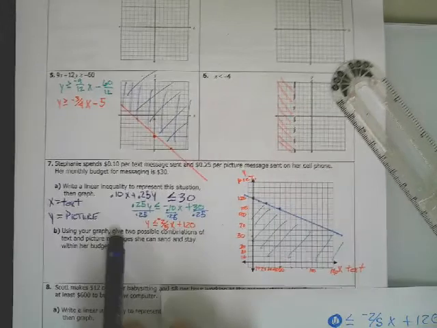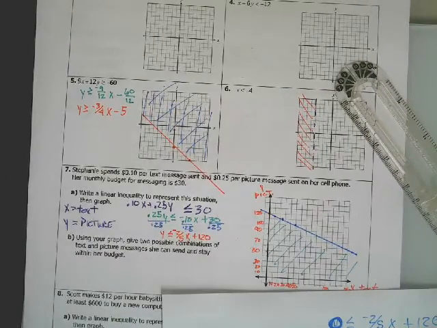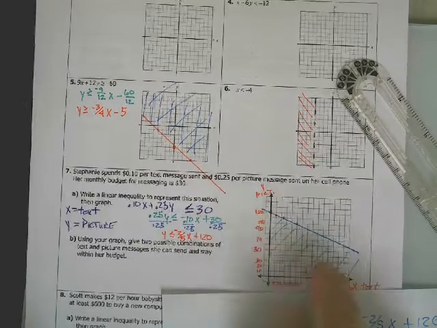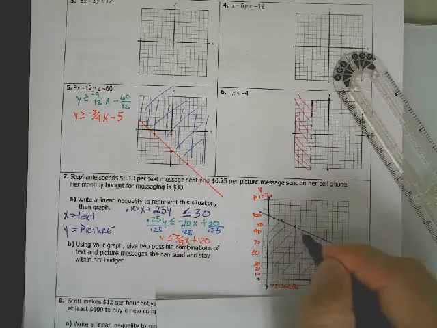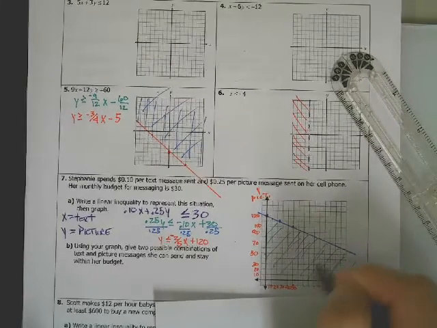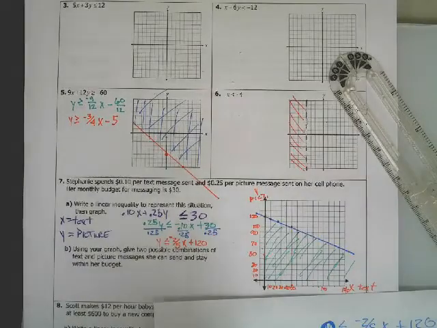Using your graph, give two possible combinations of text and picture messages where she can stay under her budget. You could literally pick any value in the shaded region here or on the line and below to make that true.